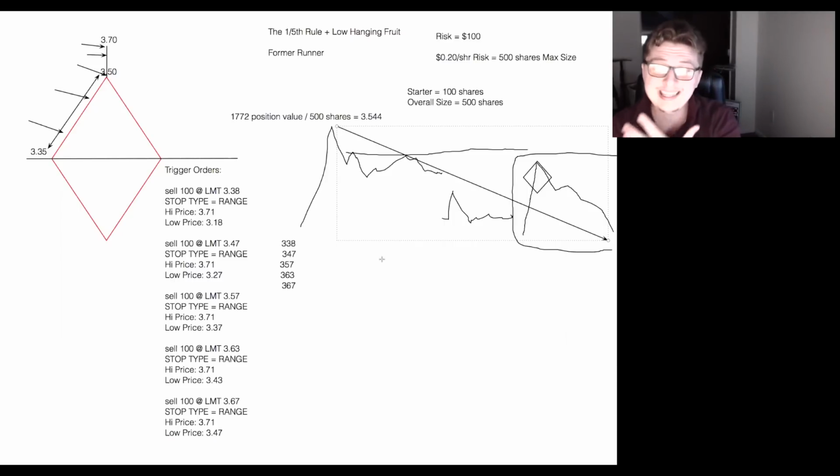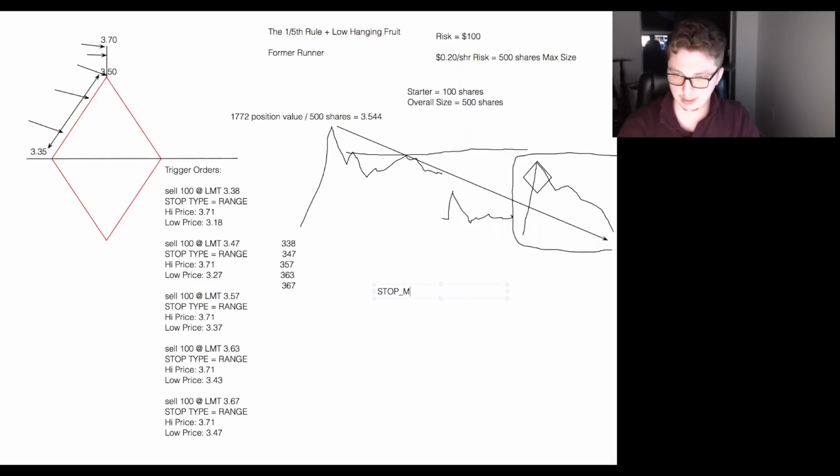Let me tell you what you don't need. You don't need to put out an order like a stop market 500 at 371 and then build your position. No. Put like 5 stop losses out there, all with different share counts. Who cares?